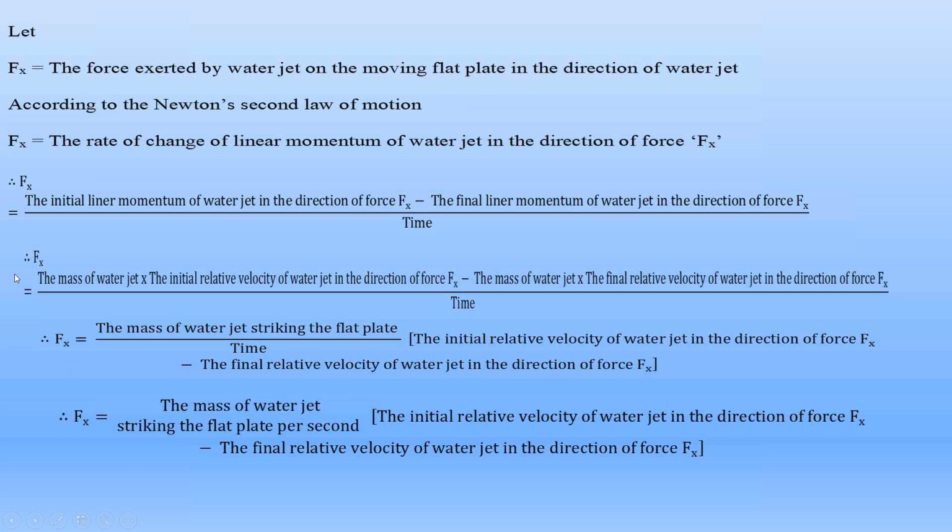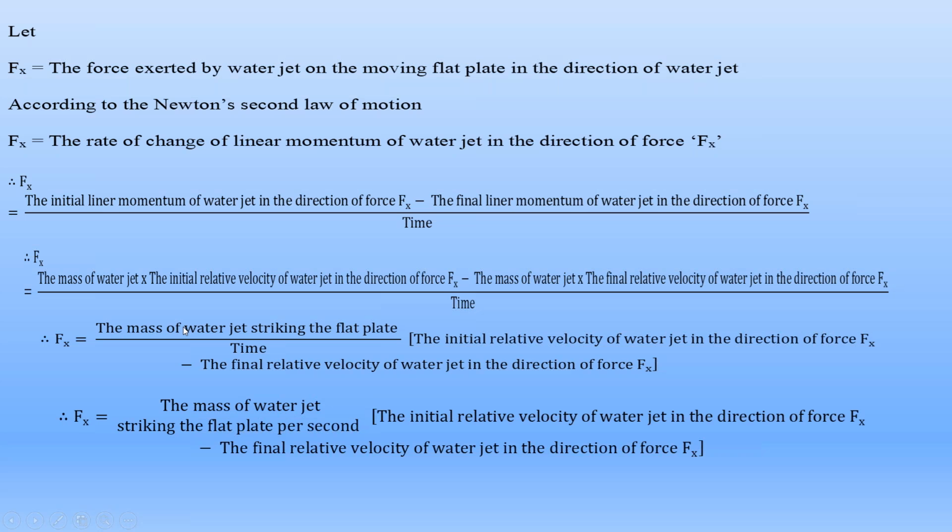Then in the numerator, take the mass of water jet common. Then the right hand side becomes Fx is equal to the mass of water jet divided by time, into the initial relative velocity of the water jet in the direction of force Fx minus the final relative velocity of the water jet in the direction of force Fx.